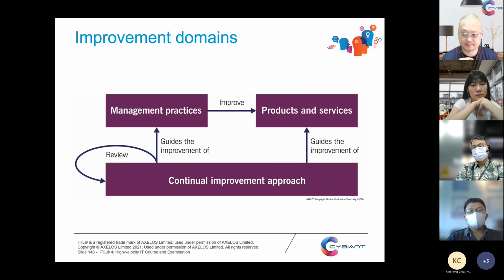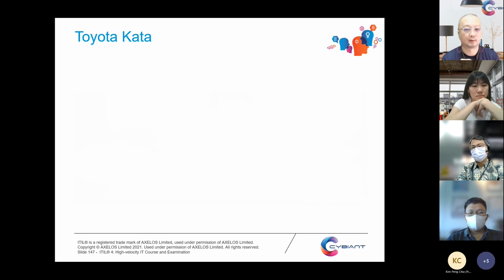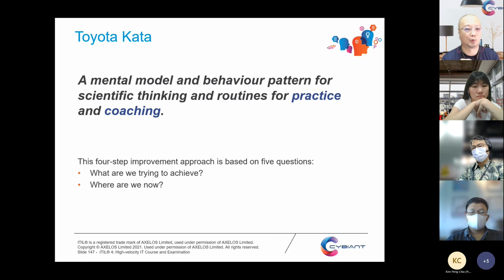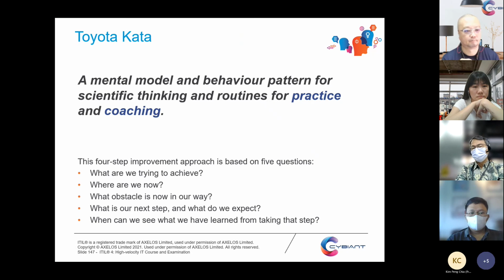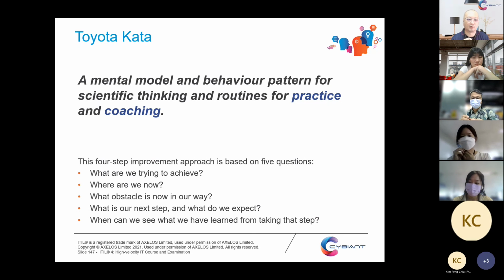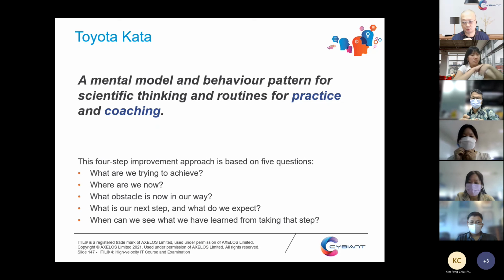Again, look at the data that you have, look at the as is, and then come up with the to be, what the future will look like. There is an interesting concept here called Toyota Kata. Toyota Kata is a mental model or behavior pattern for practice and coaching.